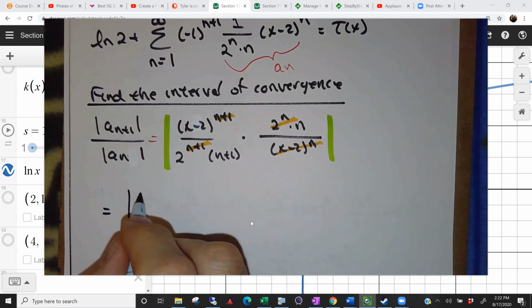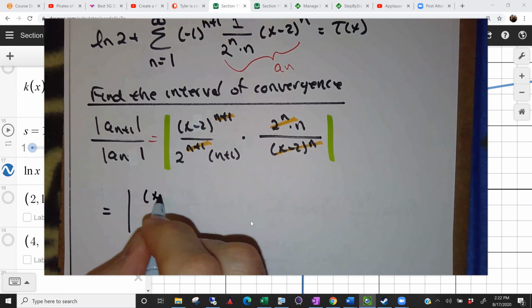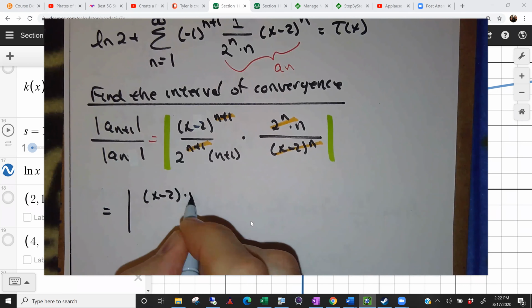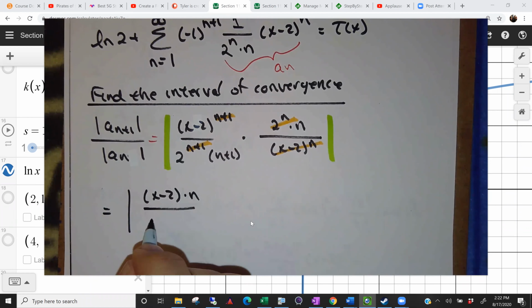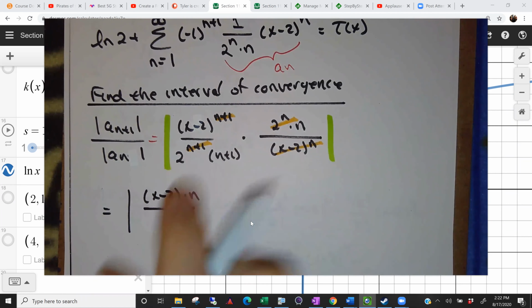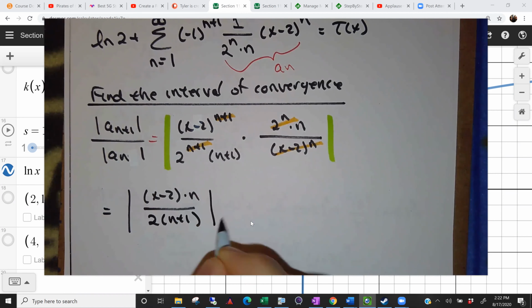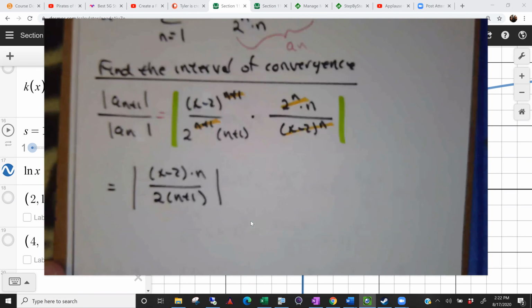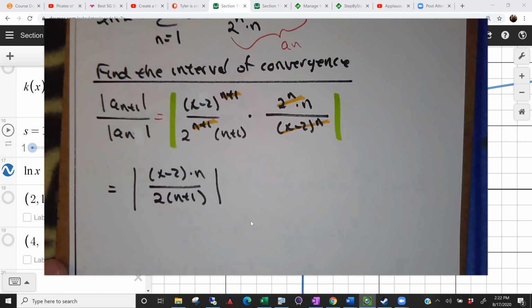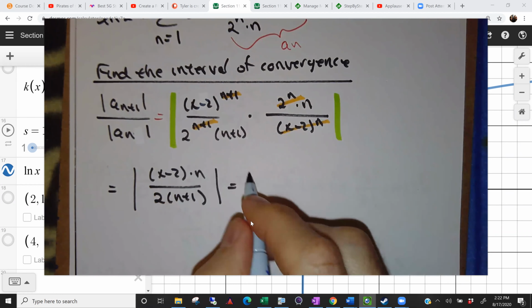So that's going to leave you with x minus 2 times n over n plus 1, 2 times n plus 1. Okay. Now the x minus 2 and the 2 here, I can factor those out.